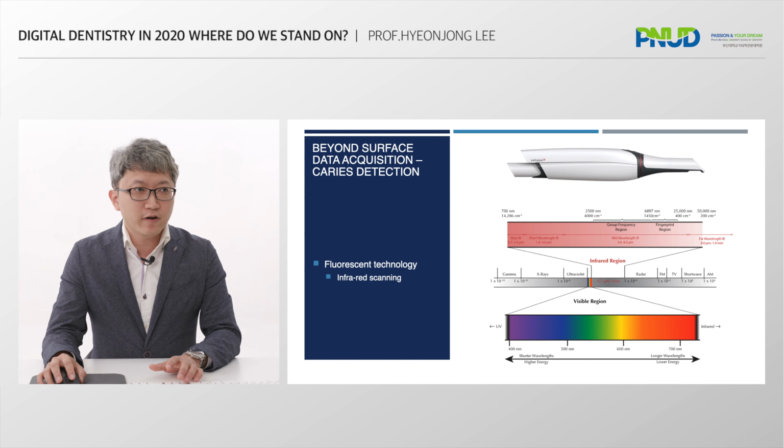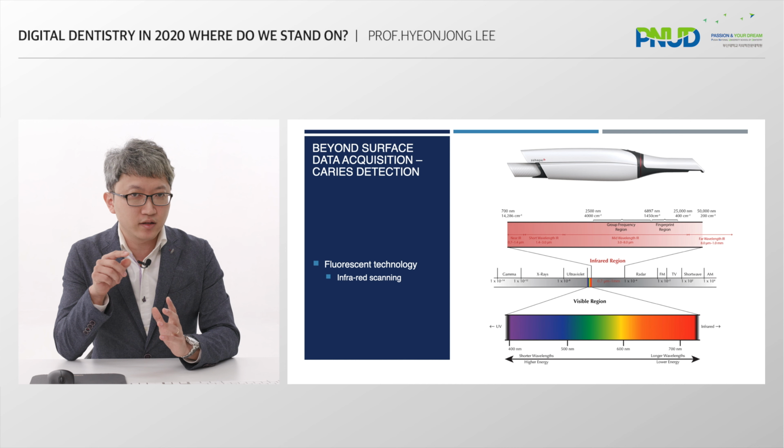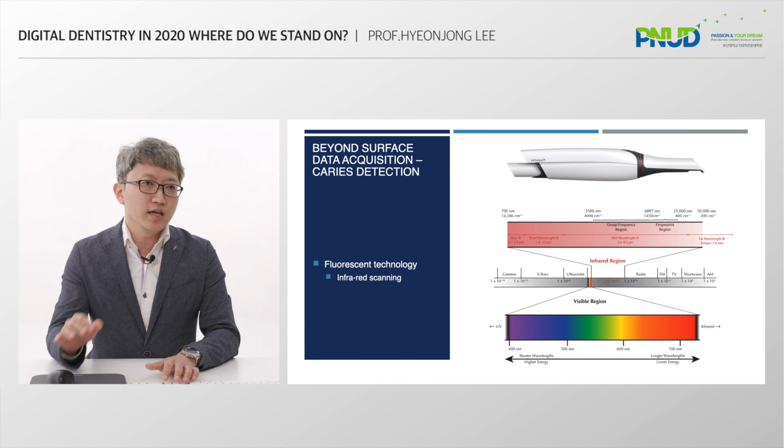And that infrared light source can penetrate the hard tissue of enamel or dentin, so it can help to detect the caries.